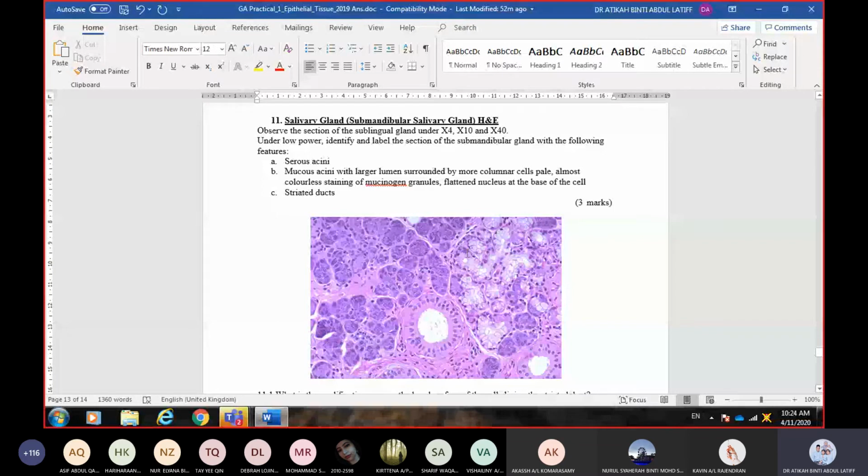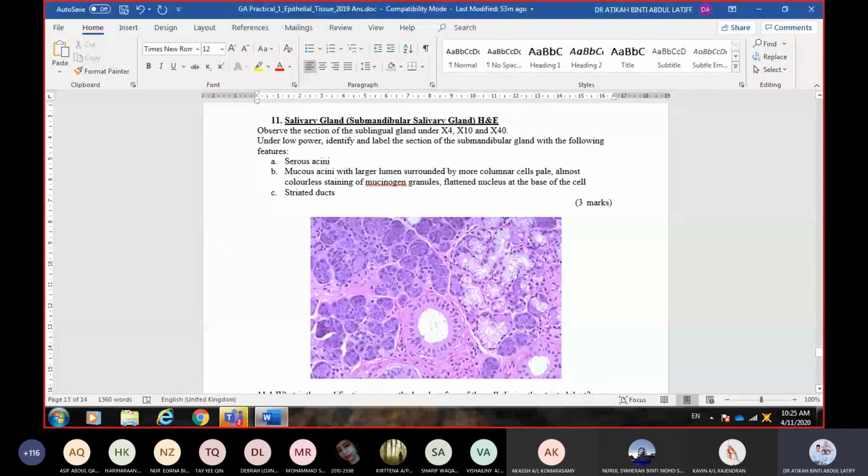The mucous acini has a larger lumen. In the middle there's a lumen. In the serous acini you cannot see the lumen. The mucous acini is more pale staining as compared to the serous acini, which has the basophilia because there's more RER and ribosomes.